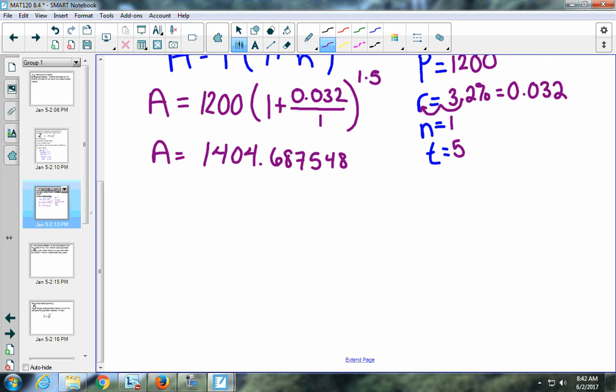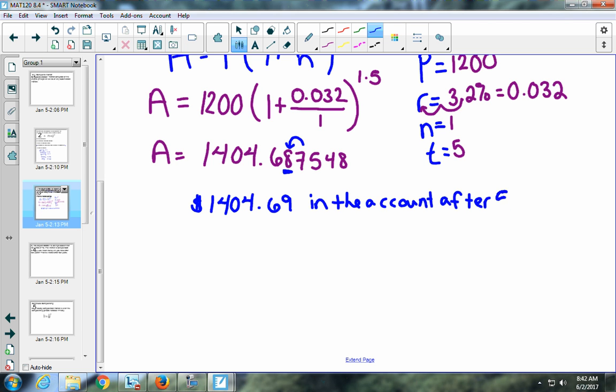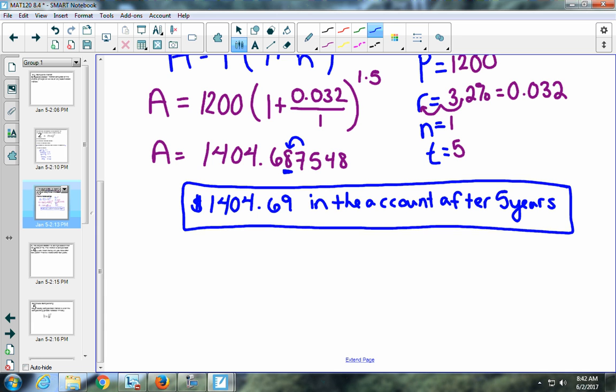Remember, it asked me how much money I will have in the future. My hundredth spot is my cents. This 7 tells me to round up. So I will have $1,404.69 in the account after 5 years. That answers the first question.